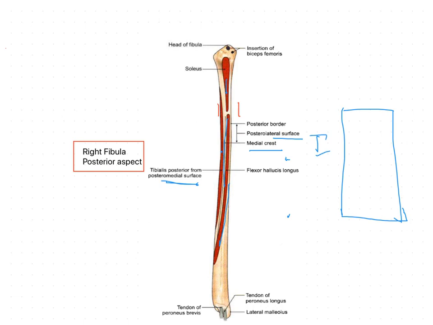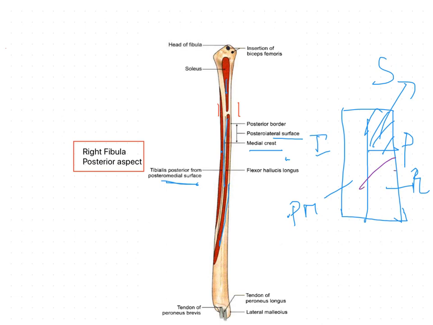This is the interosseous border, and this is the posterior border, forming the posterior surface, which is divided by the medial crest. This forms the posterolateral surface, and this is the posteromedial. In the posterolateral, the upper fourth gives origin to the soleus muscle, and the lower 3/4 gives origin to the flexor hallucis longus.